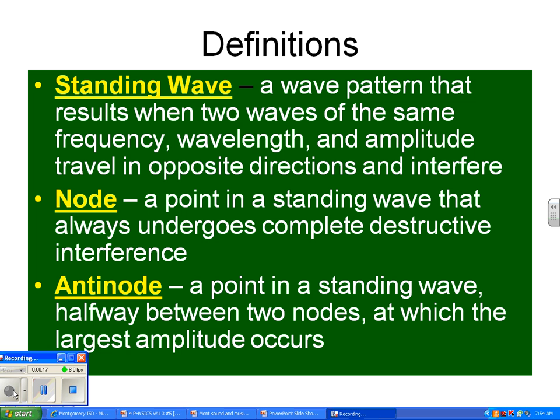What we first have is basic definitions. These were words that were on that vocabulary list that I gave you last unit. Some of y'all were like, we didn't cover all the vocabulary words. That's because that was the vocabulary words for 3 units. A standing wave is a wave pattern that results when two waves of the same frequency, wavelength, and amplitude travel in opposite directions and interfere.